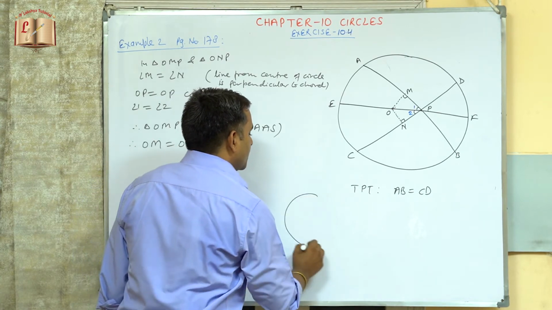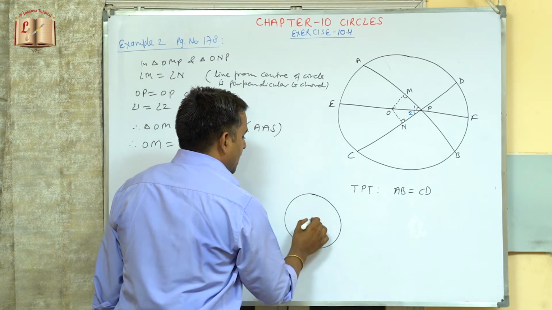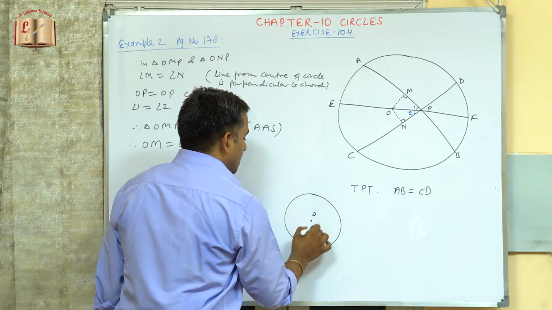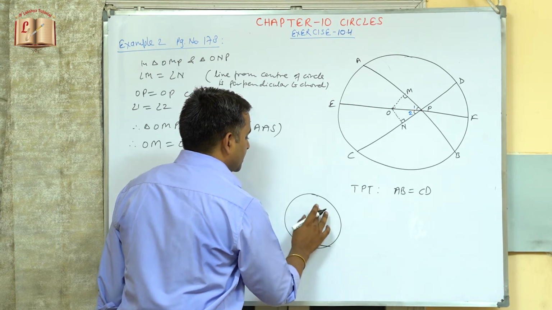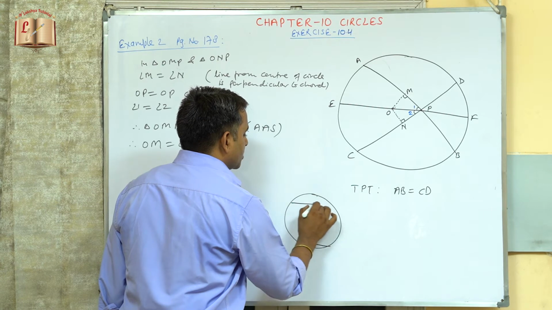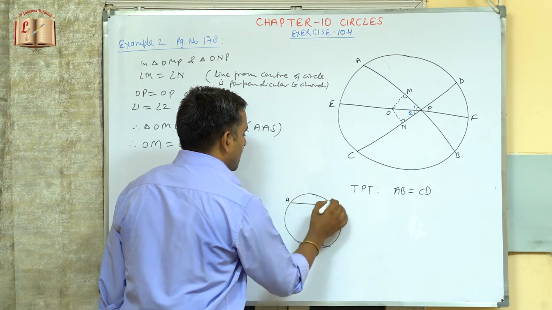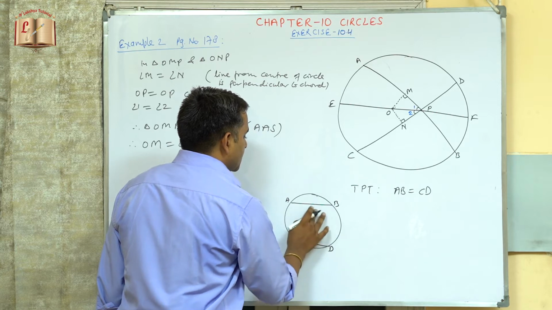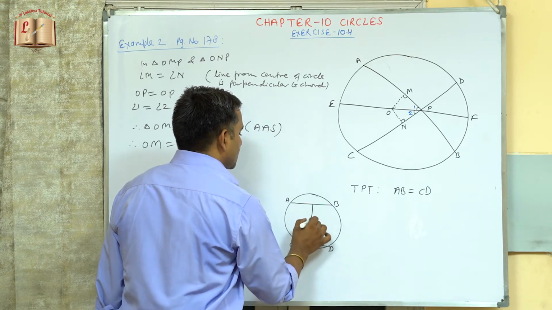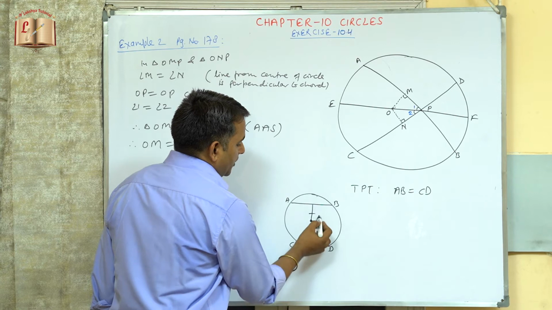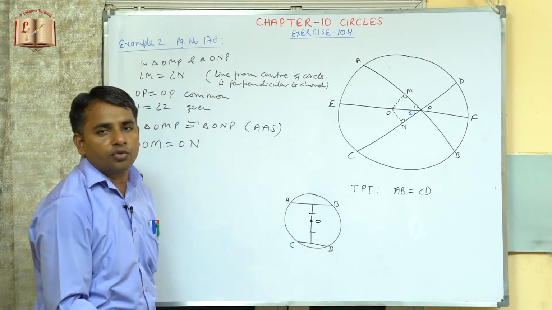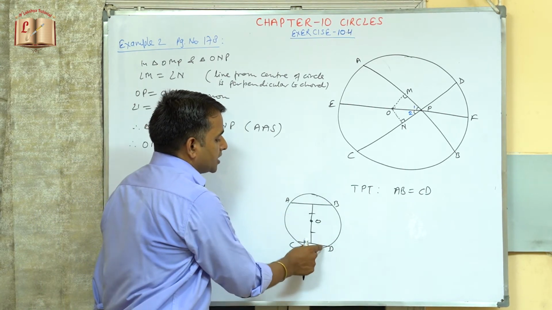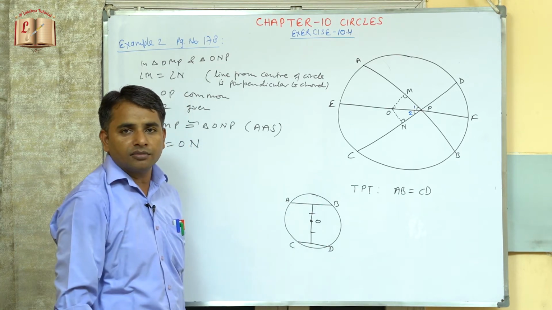Now see that if this is a circle I have made, and this is the center of the circle, and this is a chord, and this is also one of the chords. Suppose this is now AB and this is CD. This distance and this distance are from the center of the circle. If these two distances are equal, then these chords are of equal length. This is the theorem.